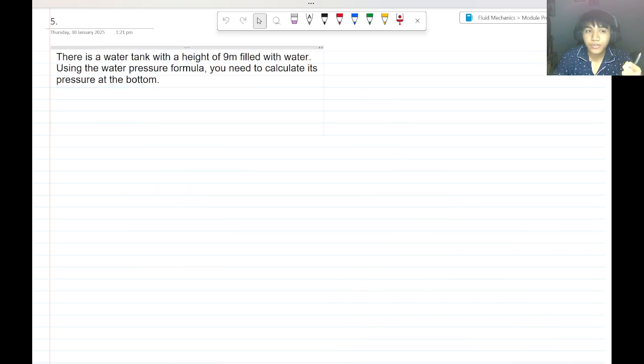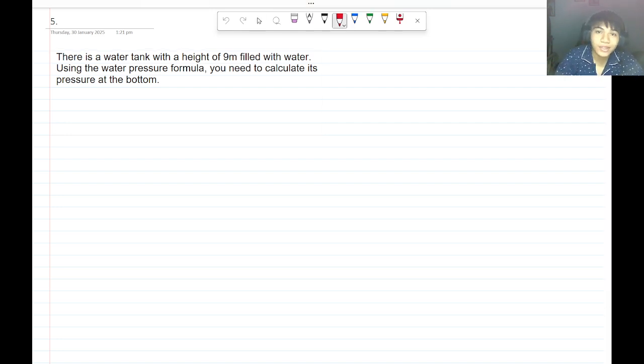And for the fifth problem, this is just what we have in thermodynamics. This is just a rho g h. So there's a water tank with a height of 9 meters filled with water. Using the water pressure formula, you need to calculate its pressure at the bottom. So we're at the given, as usual.